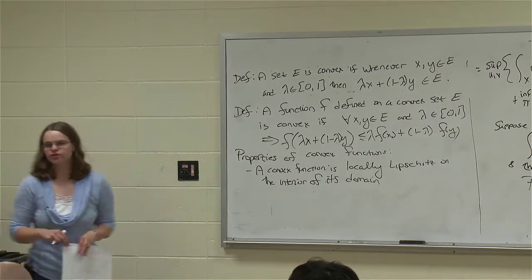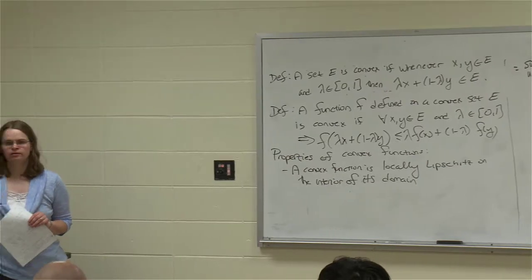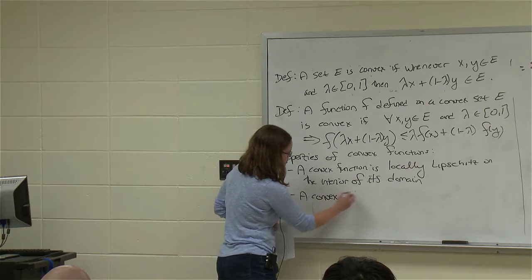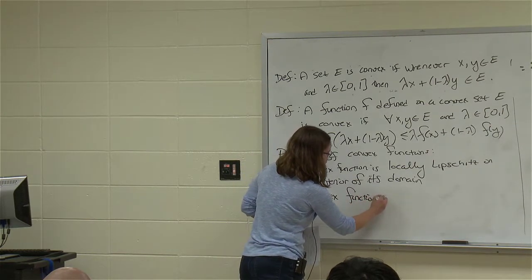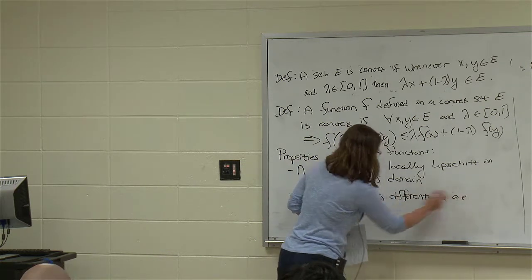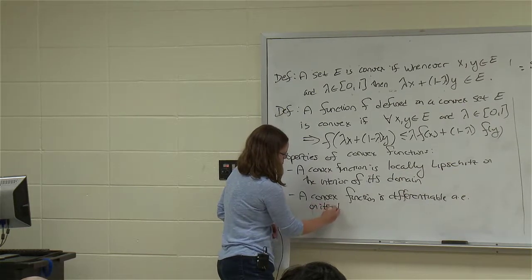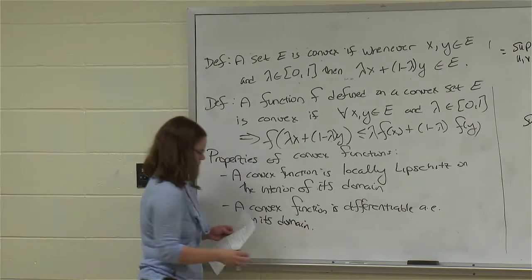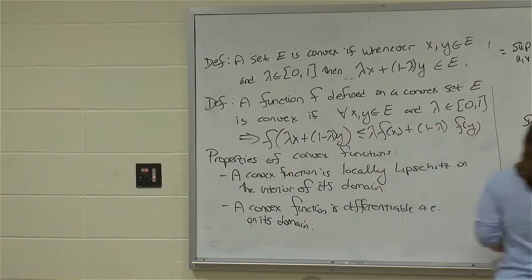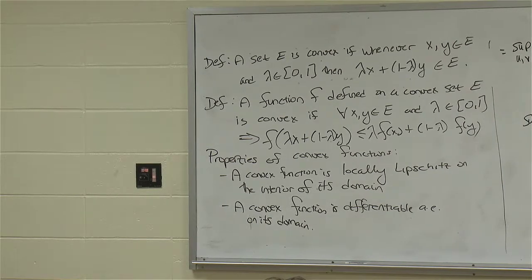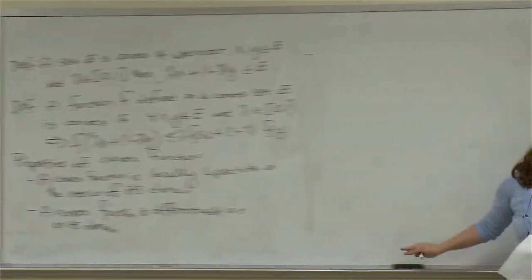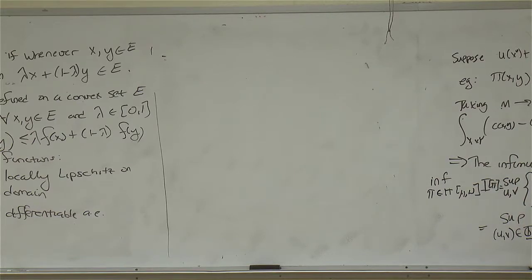It's not necessarily differentiable everywhere, but it's differentiable almost everywhere. So a convex function is differentiable almost everywhere. And at those other points, you still have some sort of differentiability going on there.